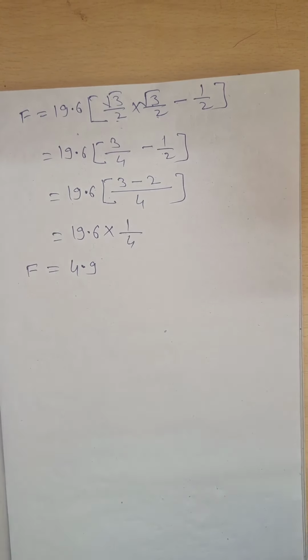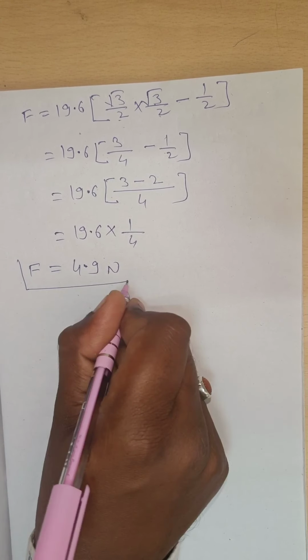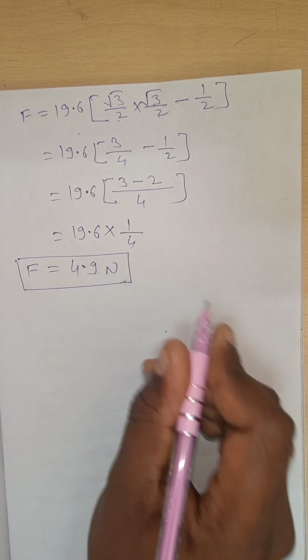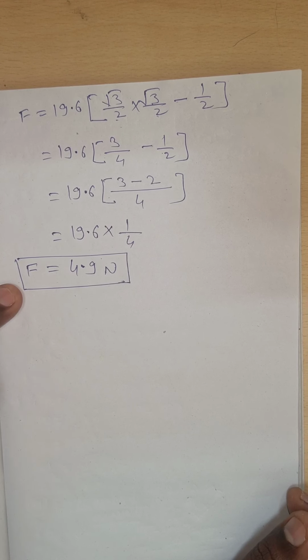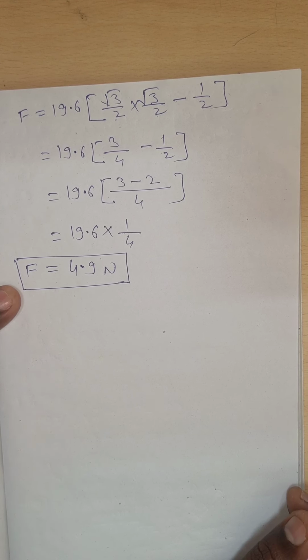Therefore, the force applied to move the object in a downward direction without acceleration is 4.9 newtons.